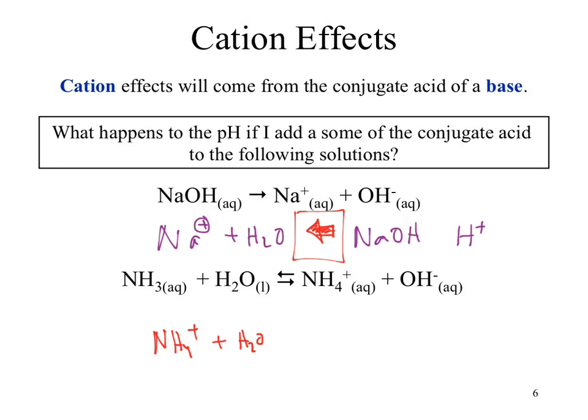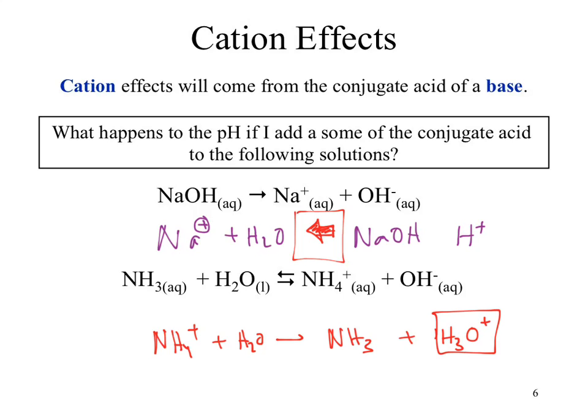Add that to water. We said it's going to act as an acid, which means it will dissociate into hydrogen ion, which can react with our water to generate H3O+ and NH3. Our initial assessment.